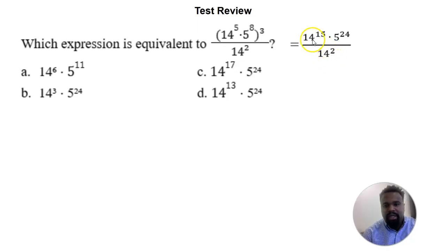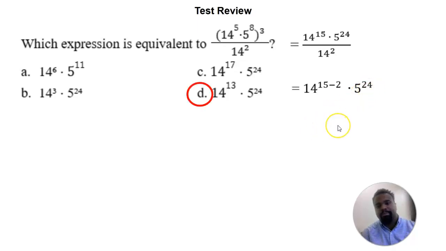Now, you'll notice these have the same base, so you can apply the quotient of powers property to 14 to the 15th power over 14 to the 2nd power. With the quotient of powers property, you subtract. So 15 minus 2 gives you 14 to the 13th power. 14 to the 13th power times 5 to the 24th power, which will be D.